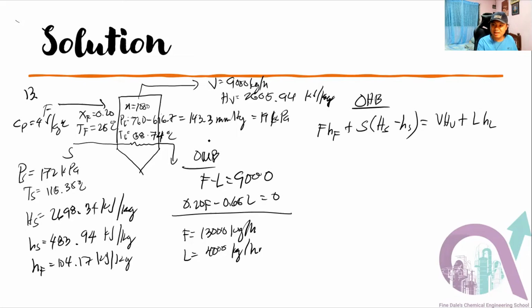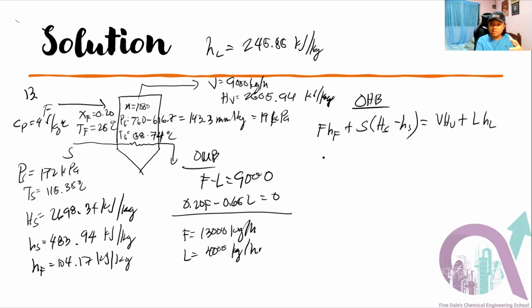But where do we get our HL? Still from the steam table. HL at this temperature, 58.74, for the liquid part, you have 245.85 kilojoules per kilogram.